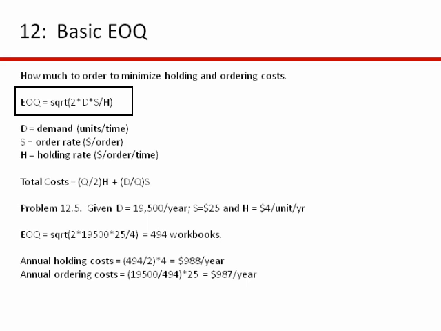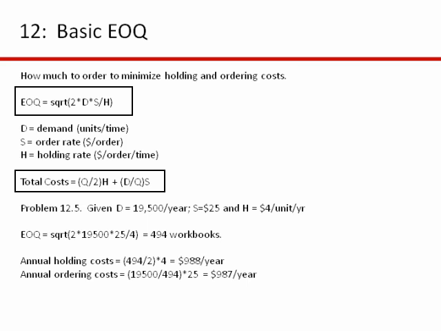The other formula that you will need is the total cost formula, which is, again, just the ordering cost plus the holding cost. All right, so as an example, if you look at problem 12.5, it gives us that demand is 19,500 a year. The ordering rate is $25 an order, and the holding rate is $4 per unit per year.